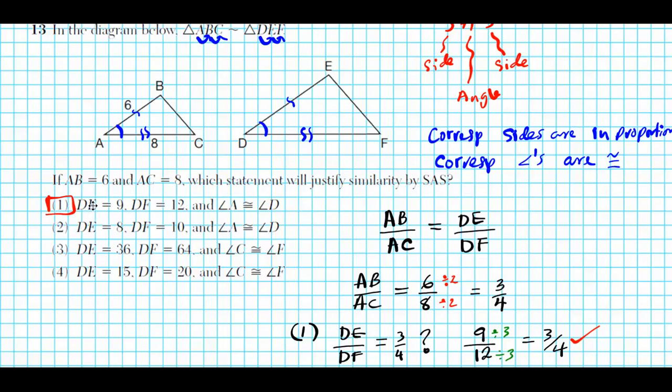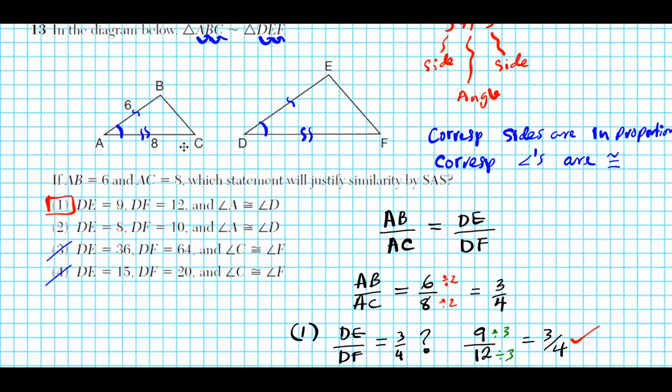Now, what if DE and DF didn't work? If that didn't work, then you go to option 2 and carry out the division process again to see if you get 3 over 4. And just to backtrack to what I stated earlier, we can actually eliminate options 3 and 4 because angle C is not in between these two sides that are provided.